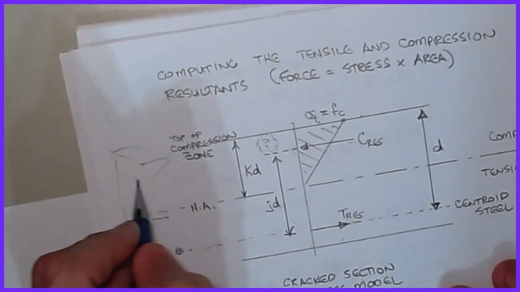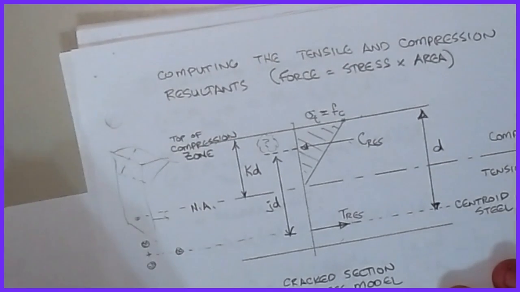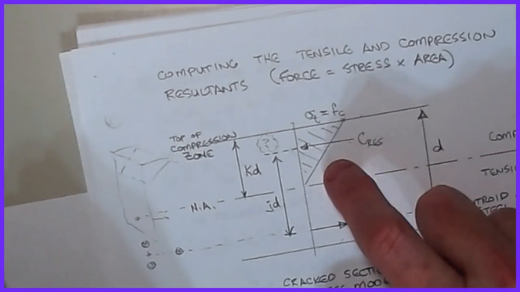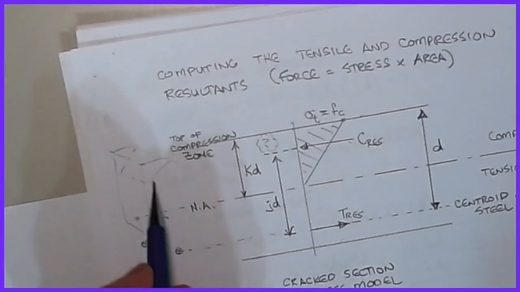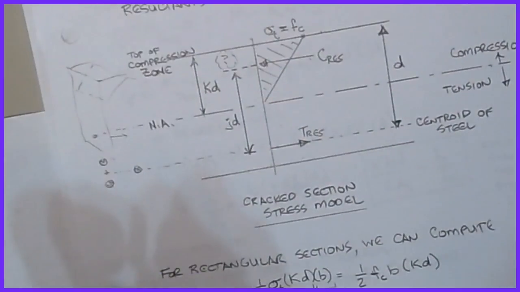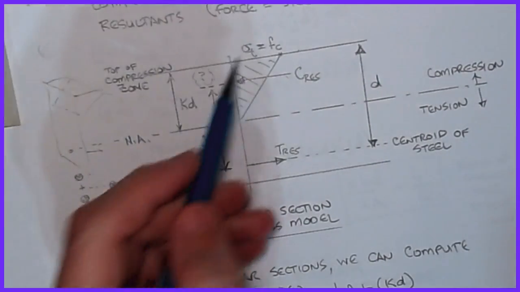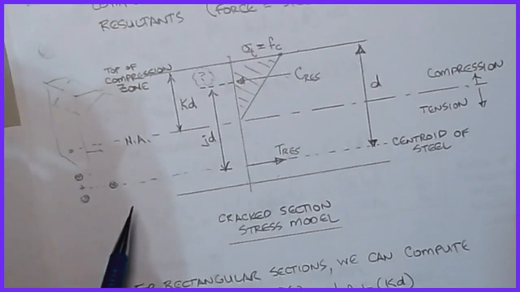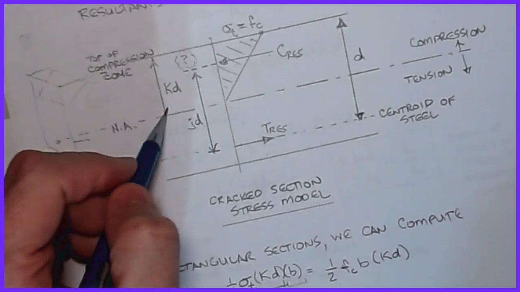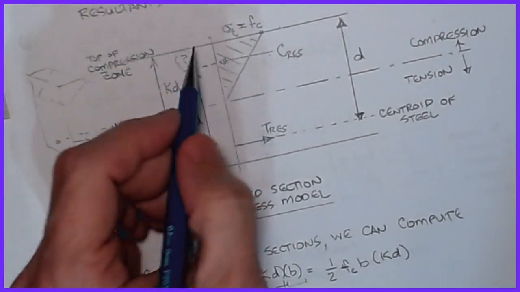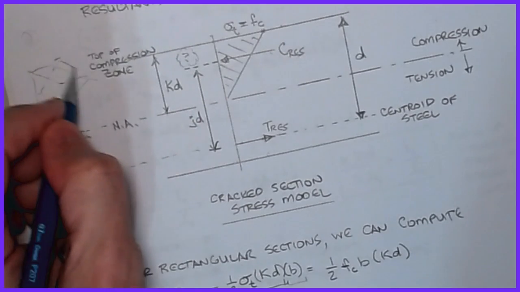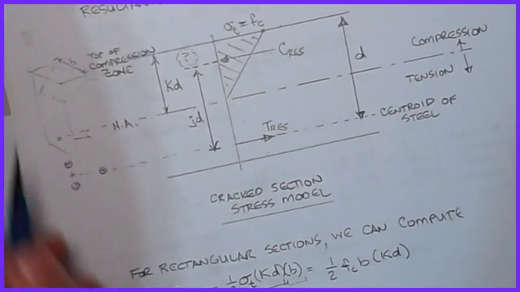If you look at it, it's a prism of stress that's happening there. So all I have to do is find the volume of that prism. I can do that fairly simply: it's one half the stress at the top, sigma T, multiplied by that kd dimension, which is the height of the stress block, multiplied by b, the width, which was this guy there.